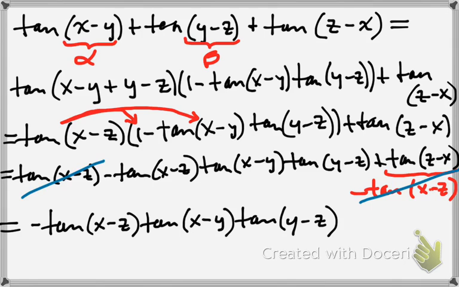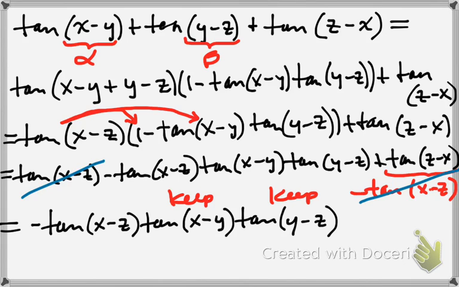We're almost there, guys. I need to get rid of that negative out front. And remember, what we're trying to show is not the tangent of x minus z, we're trying to show the tangent of z minus x. So I'm going to use that identity, the fact that the tangent is an odd function, again.